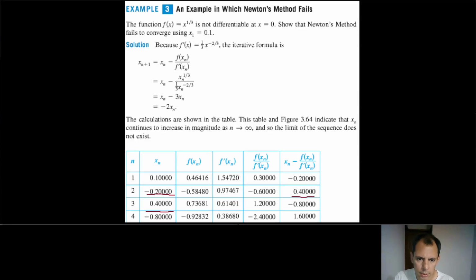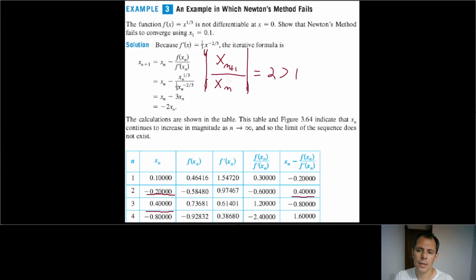We have x sub n plus 1 equals minus 2 divided by x sub n. Put this in the absolute value. According to this formula, you're going to have a 2, and this is greater than 1.